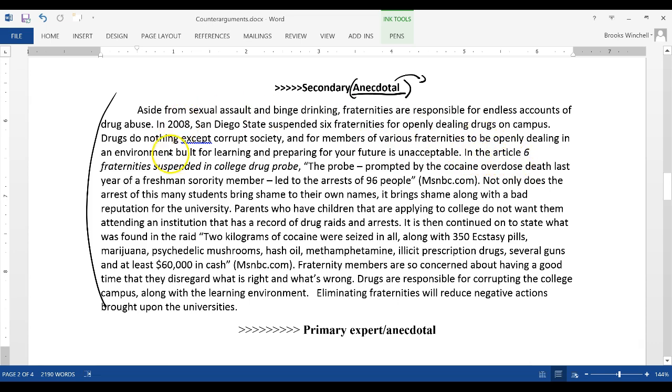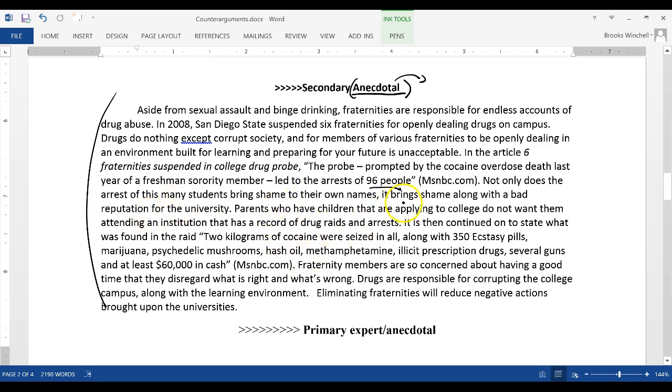In the article, 6 fraternities suspended in college drug probe, the probe prompted by the cocaine overdose death last year of a freshman sorority member led to the arrest of 96 people. Not only does the arrest of this many students bring shame to their own names, it brings shame along with a bad reputation for the university.